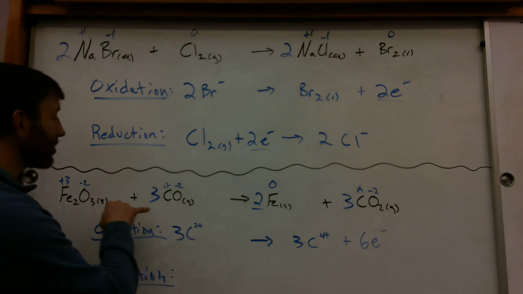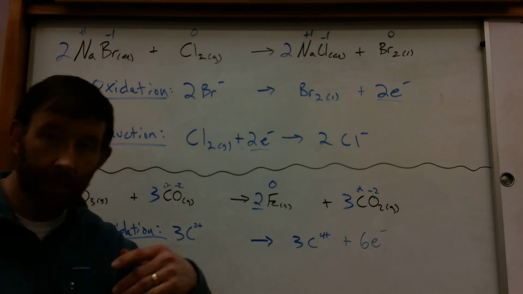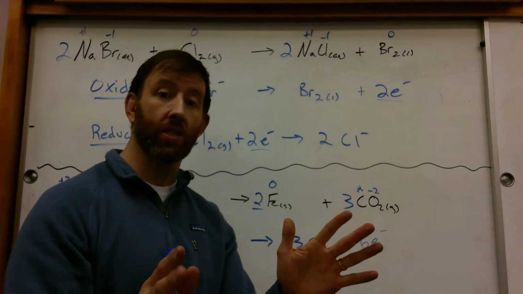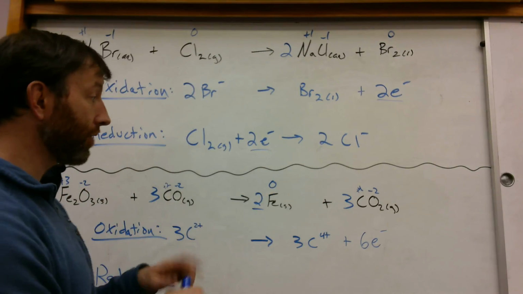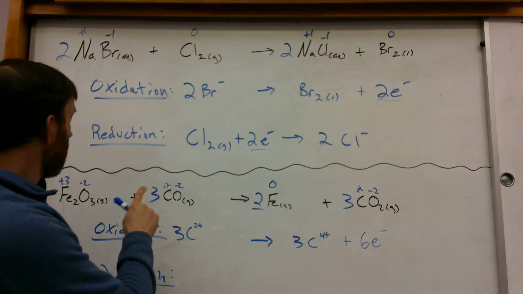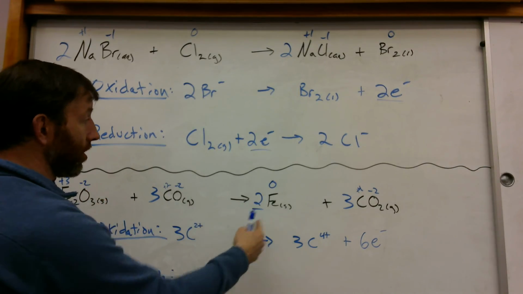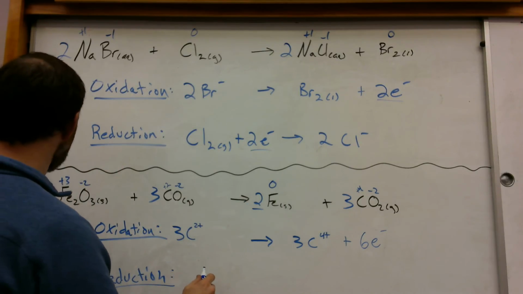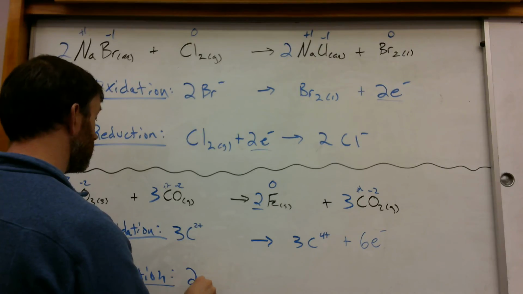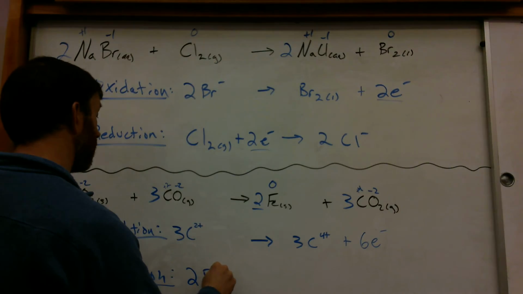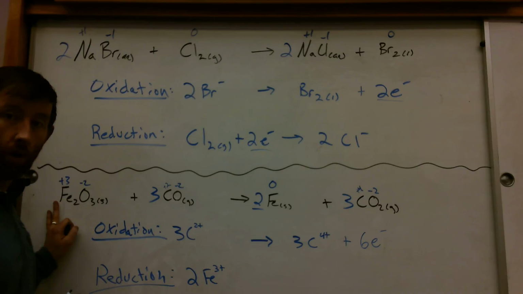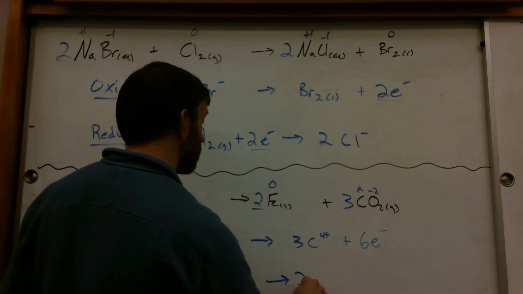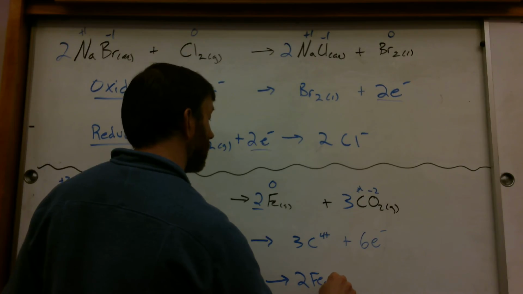Notice oxygen stays a -2 on both sides. Again, we can eliminate that from our half reactions. Not that it's not part of the reaction, it's just eliminated in our half reactions. My iron goes from a +3 to 0. That is a reduction in oxidation number. So on this side, I have 2Fe3+. On my right side, I just have 2Fe solid.